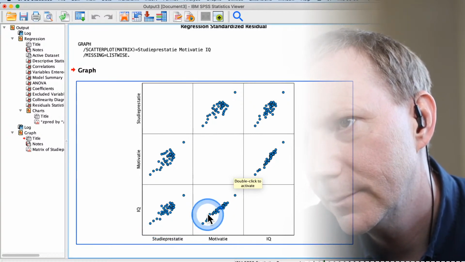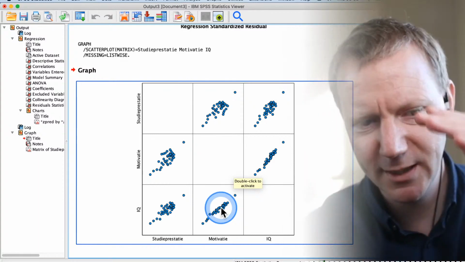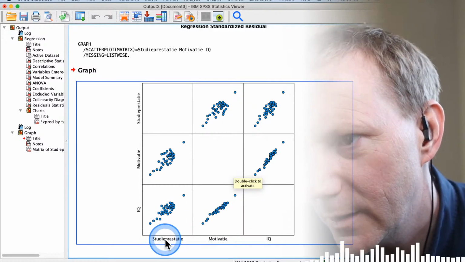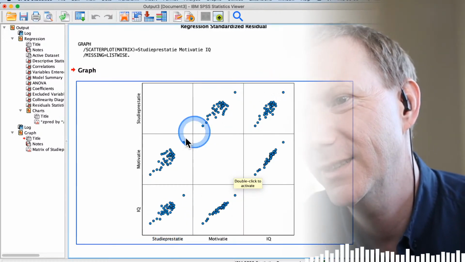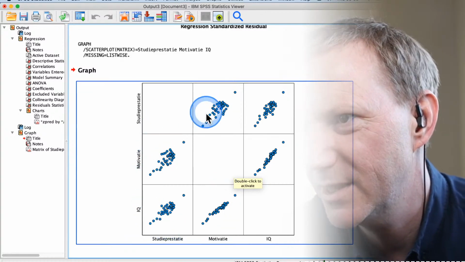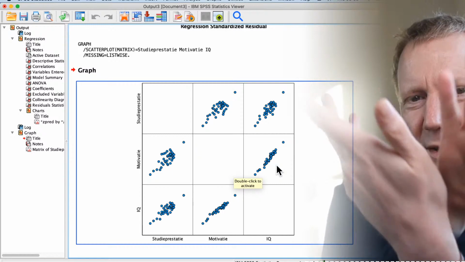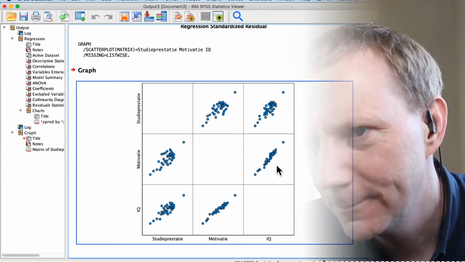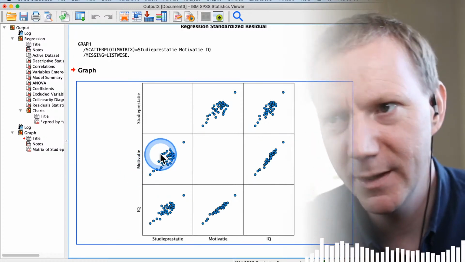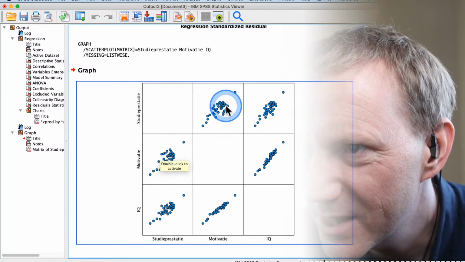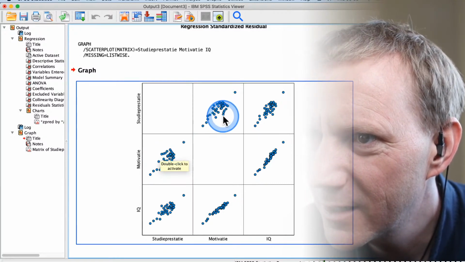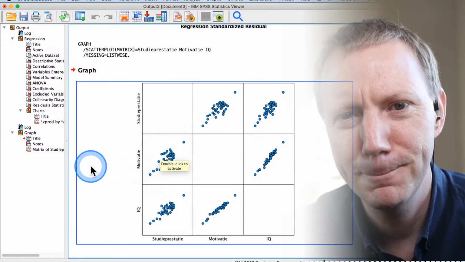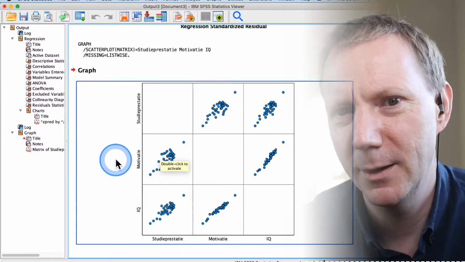It's flipped on its vertical axis. So you see this bit here, it's the same as this one. So these are the same. Okay. Yes, thank you.